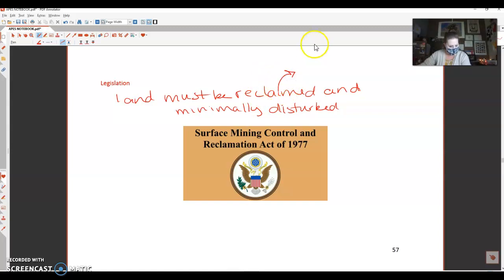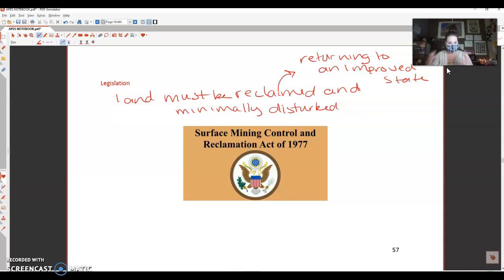Reclaimed means returning to an improved state. So, what these mining companies have to do is they have to pay for that area to be returned to basically a better condition than they found it in, which is a really difficult thing to do when you've done that much damage to the earth.